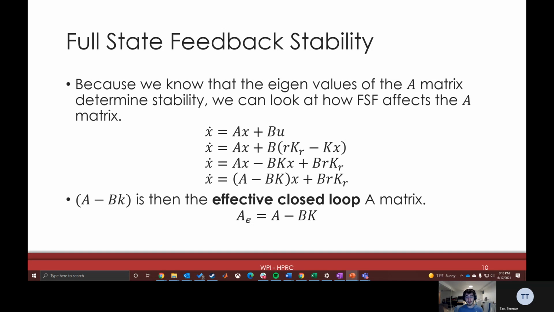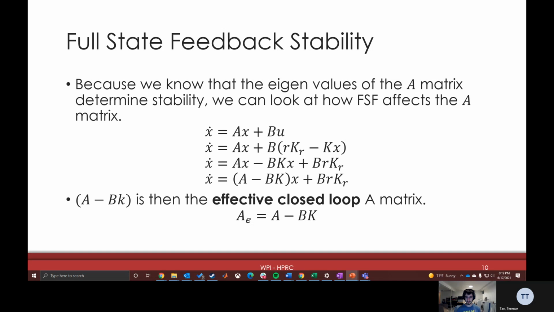After a little bit of rearranging, we get X dot equals, in parentheses, A minus BK times X plus BRKR. And effectively now, that A minus BK is our effective closed loop A matrix. It's essentially the A matrix of our controlled system, as if the system just naturally behaved in that way.